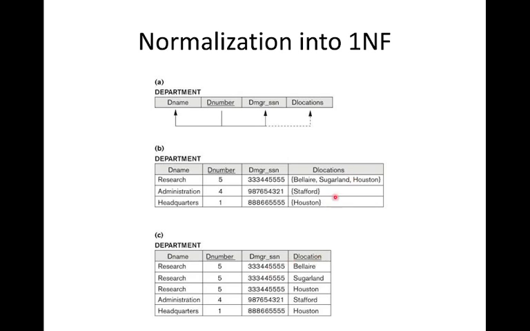Then another way to normalize the same table is, if we know the maximum number of department locations that will happen, we can split this D locations into different attributes.